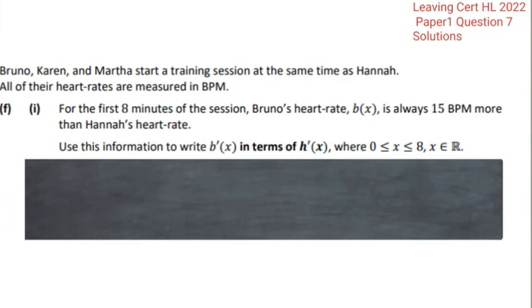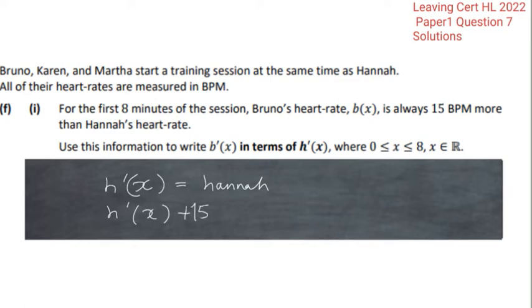Bruno, Karen and Marta start the training session, and Bruno's heart rate is 15 beats per minute more than Hannah's heart rate. So we need to get this function b dash of x. So remember, h dash is the set of values for Hannah's rates. So h dash of x plus 15 is going to be Bruno's rate.